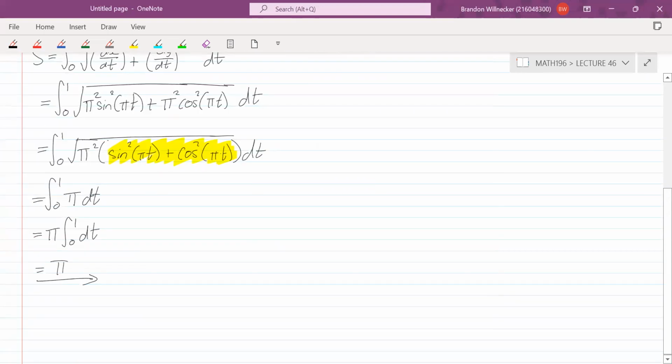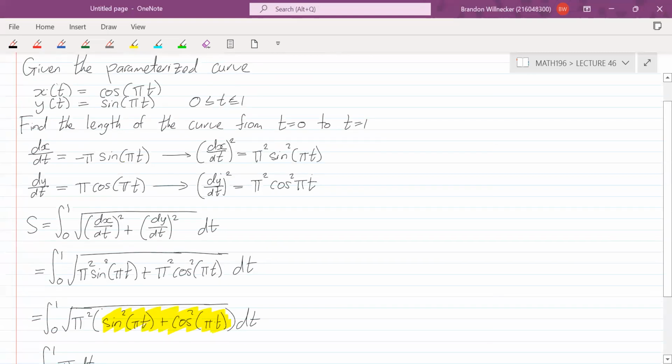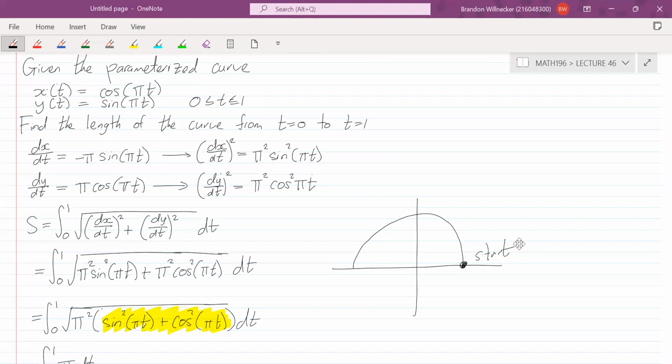Now that makes sense because if we look at the parametrization, we see that it's a semicircle. If we just do a little sketch here, when t is equal to 0, we're over here. So this is our start. When t equals 1, we're over here. That's the end. And we're moving along like this.